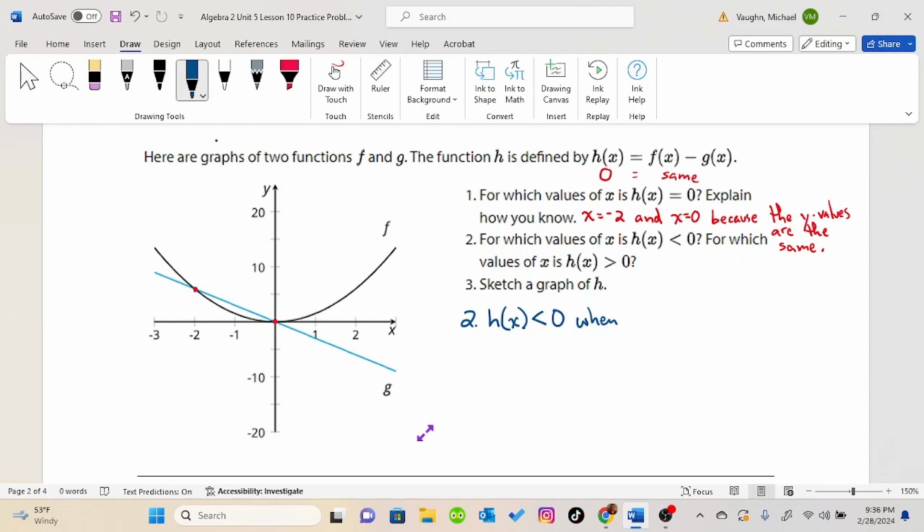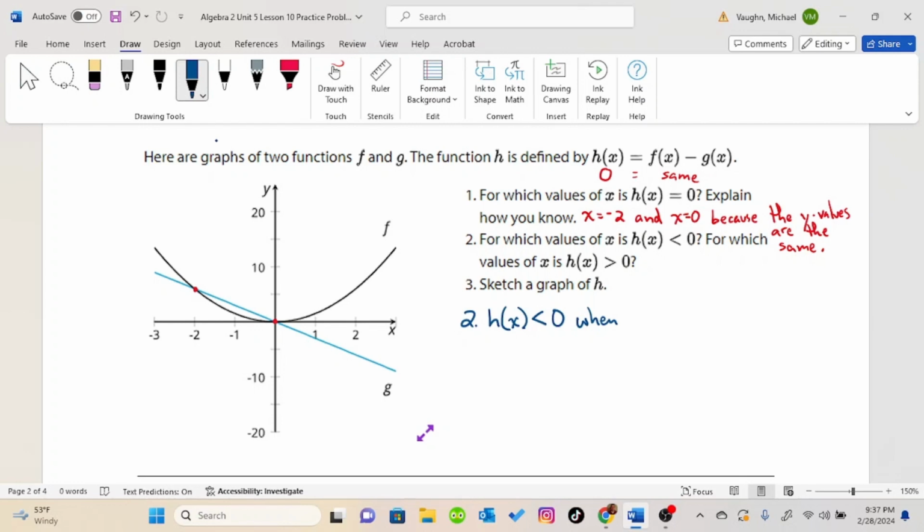So I need f of x to be smaller and g of x to be larger. So that happens between -2 and 0 when the parabola for f dips below the straight line for g.